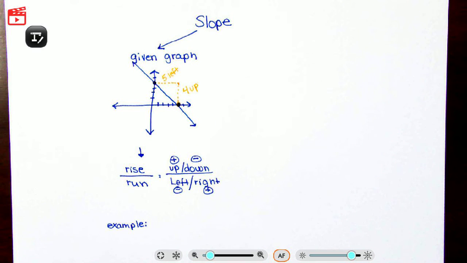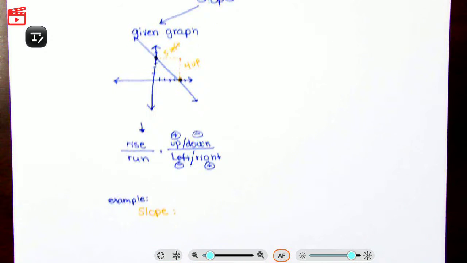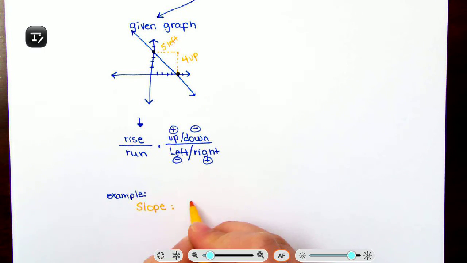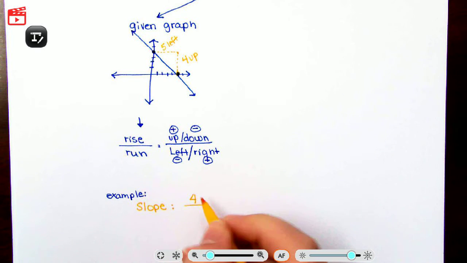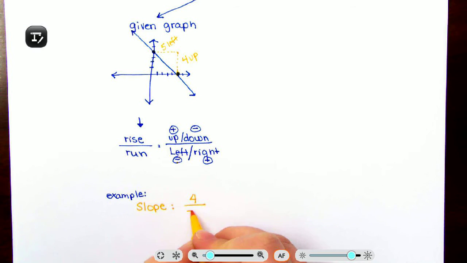So for our slope, we have up or down. We have up, so that's going to be positive. What is the quantity? We are going up 4, and then we are going left 5. So left is minus, so minus 5.